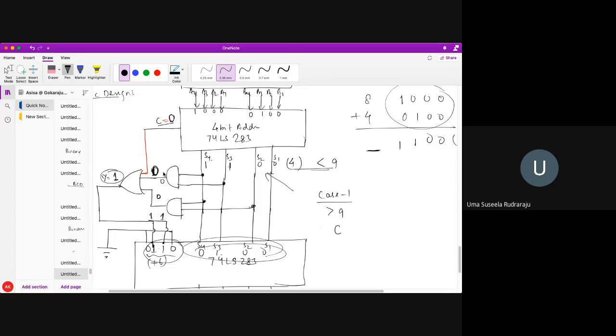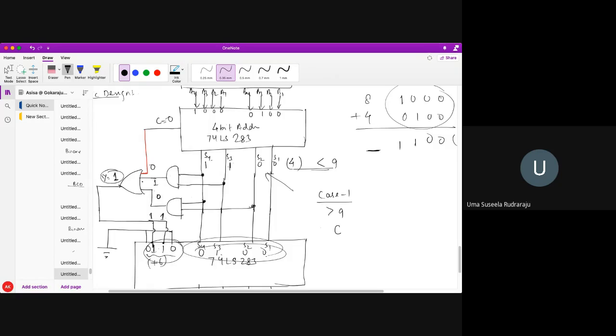Okay, are you understanding? So now tell me S4, S3. If I do the AND operation, what will I get over here? S4, S3, I have got 1 over here. And this carry is 0, so 0 will come over here, and S4, S2, what will I get? 1 and 0 is 0.